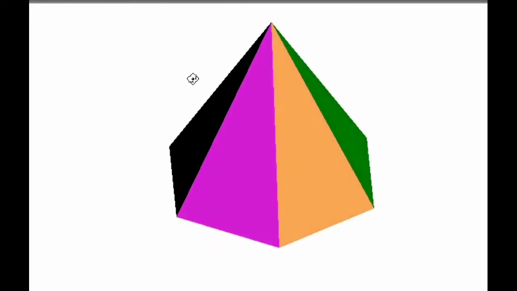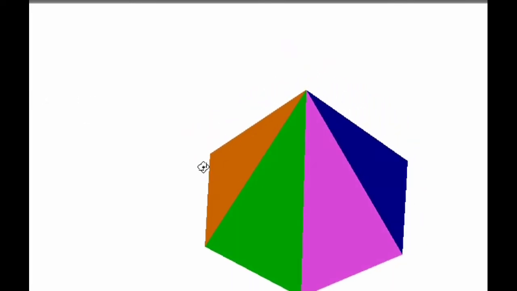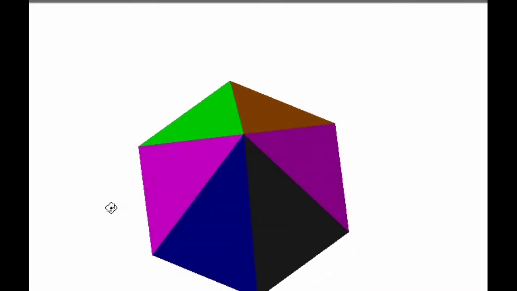Hexagonal pyramid will have its slant triangular faces. As you observe here, it has got 6 triangular faces. So you can observe the apparent top view of the hexagonal pyramid.